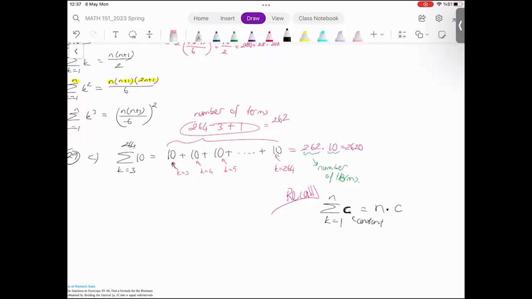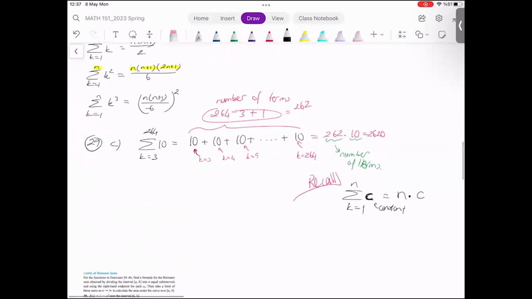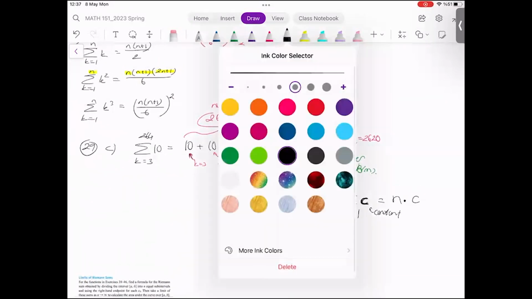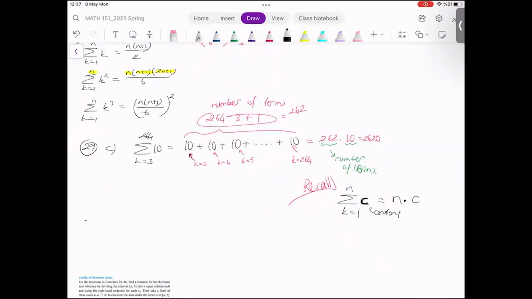Okay. Next, let's try, for example, 32, part A. Again, very similar. The sum from 1 to n of (1 plus n) to the n. What is happening here? You should first notice that this is just a constant with respect to k, right? Because it doesn't depend on k. It is just a constant.